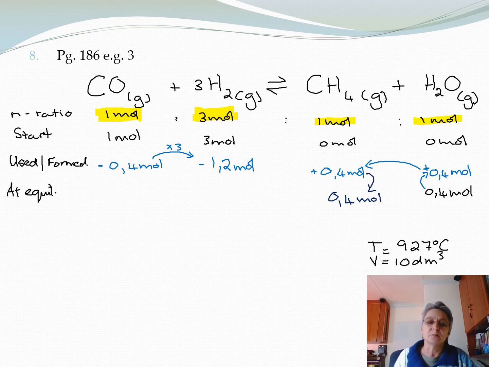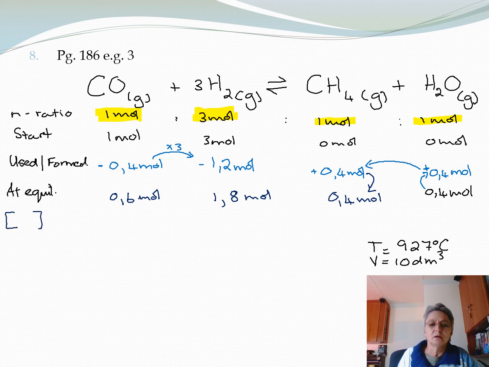To get the amount of hydrogen left at equilibrium, it's 3 minus 1.2, so that is 1.8 mole. And then 1 minus 0.4 is 0.6 mole of carbon monoxide. To get the concentrations at equilibrium, I'll have to divide by 10, the 10 cubic decimeters, the volume of the container.